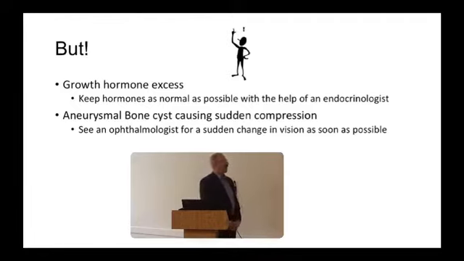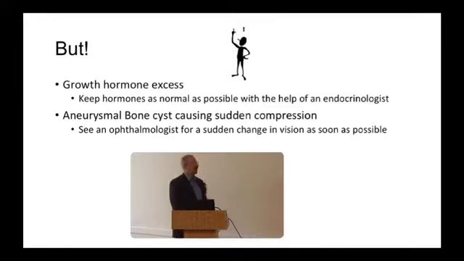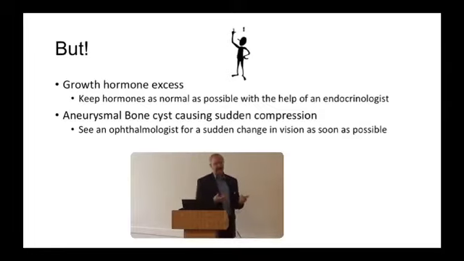So what other kinds of things can go wrong? Well, aneurysmal bone cysts are something that can cause a problem because it's something that's changing very quickly. I think that one of the reasons why you can get along with all this bony encasement is it's very gradual, and possibly, it's hard to know. I mean, this is sort of hand-waving at this point. But other kinds of things obviously can compress the nerve.